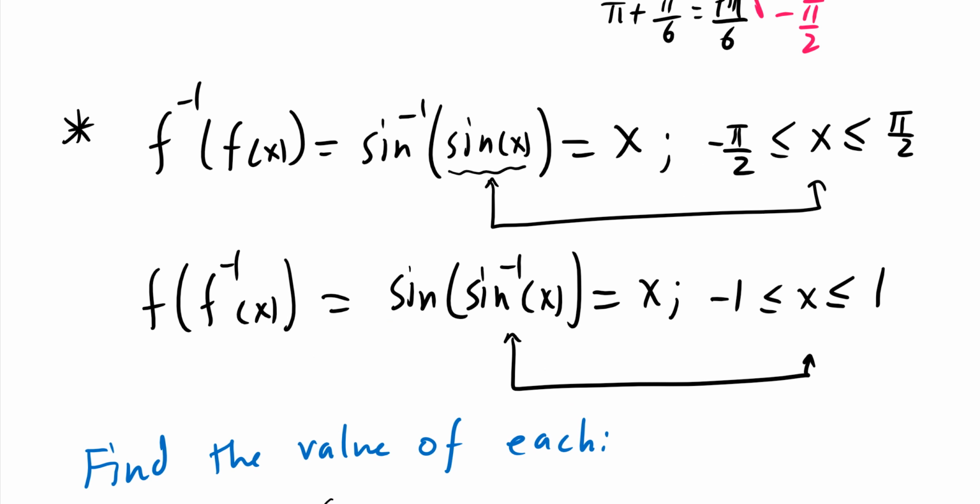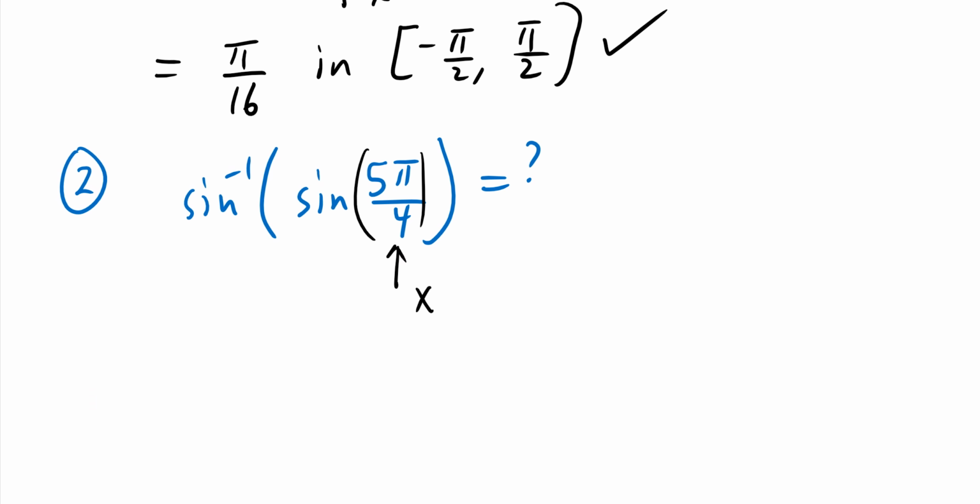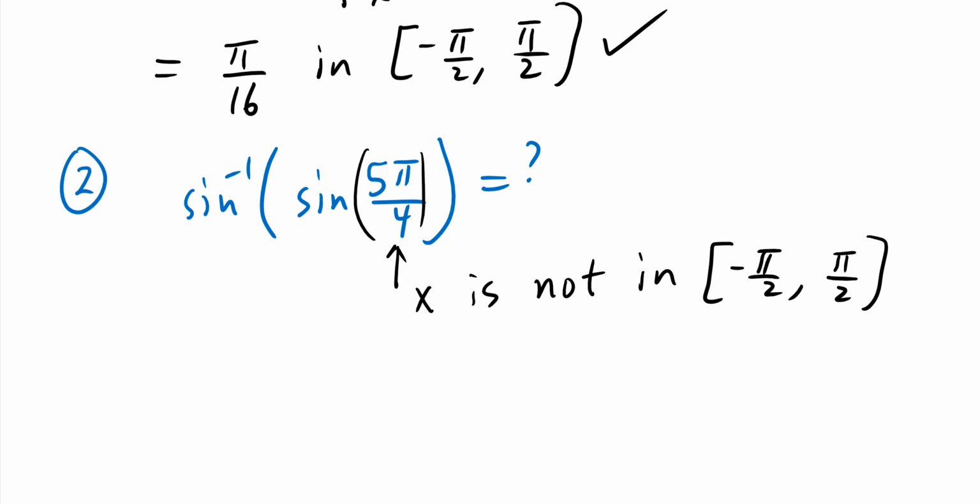Is x between -pi/2 and pi/2? Oh, it's not. So what do we have to do in this case? It's more than pi. Actually, let me change the example to a slightly different one. Let's say 6 pi over 7.